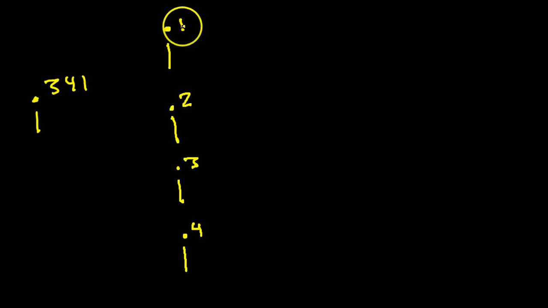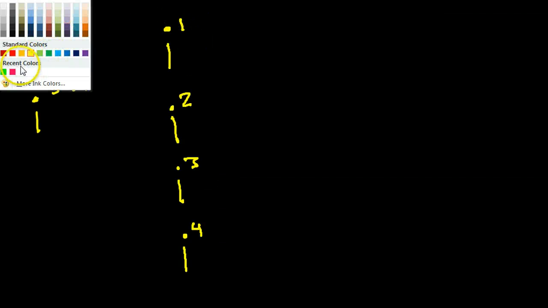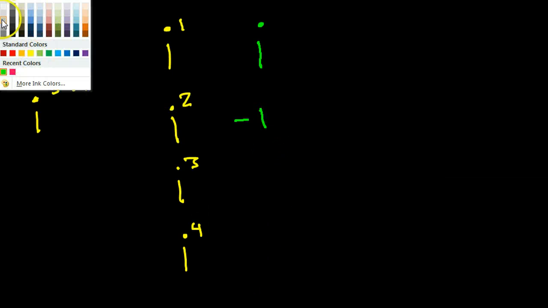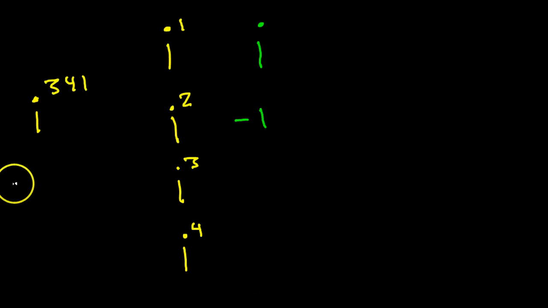Now, i to the first power is just i. Okay, anything to the first power is just going to be itself. On the other hand, i squared, and this is worth memorizing, i squared is -1. Now, if you remember from earlier, I told you that i is defined as the square root of -1.